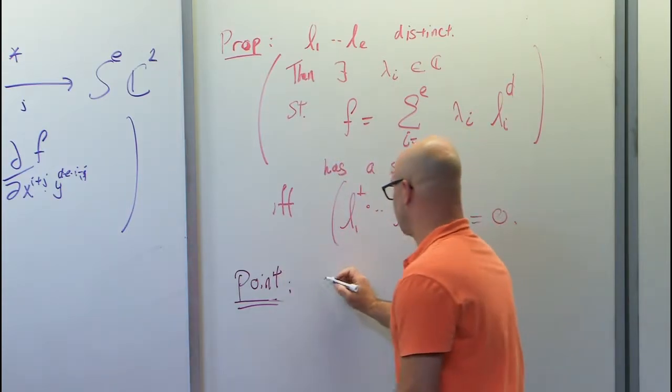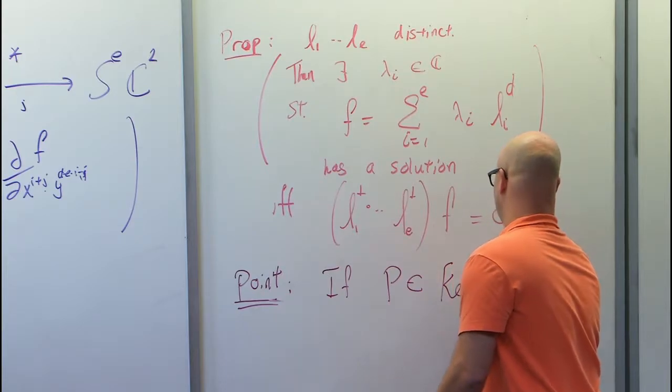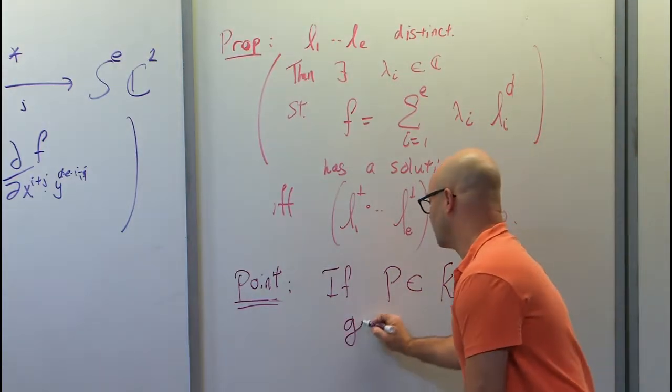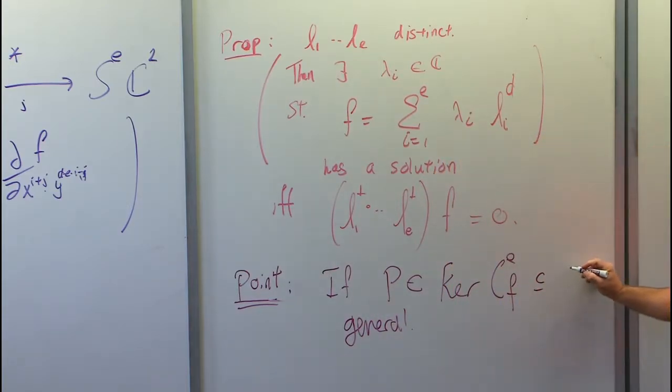So the point is, if some polynomial p is in the kernel of this map that we just wrote down, is general, well, first of all, it's a polynomial in two variables, homogeneous. So it factors, and it has this property that it annihilates f.